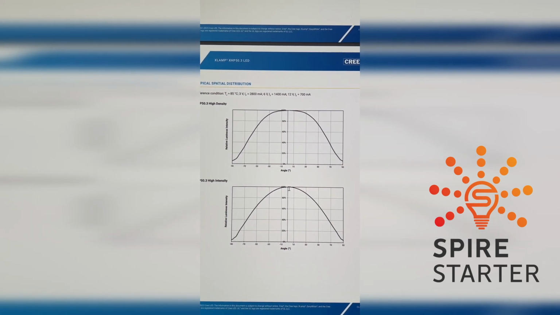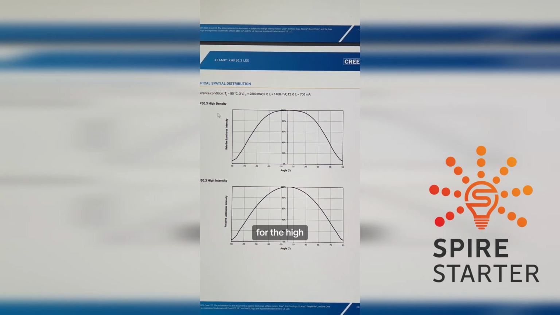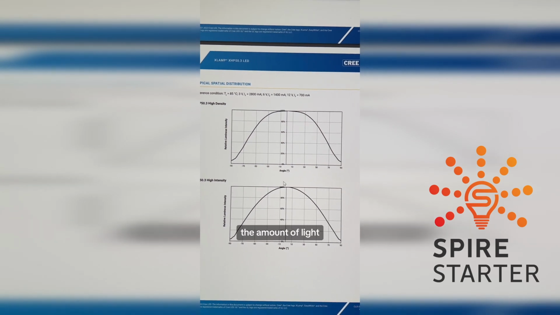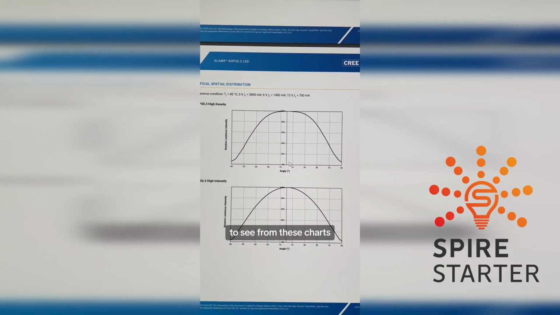I do believe, but I'm not 100% sure, but I'm pretty sure that for the high intensity one, this 100% coming out at 0 degrees is going to be higher than the 100% coming out at 0 degrees for the high density LED. So the amount of light we're getting out at these 0, 1, 2, 3 degrees is going to be a higher number, even though we got it in relative percentages here, so it's hard to see from these charts.